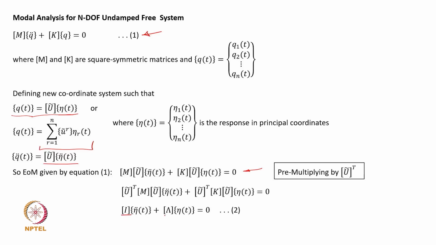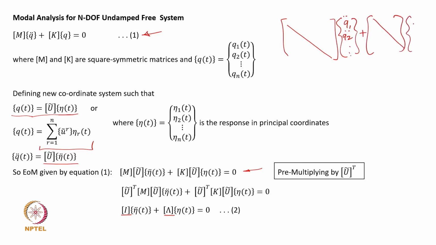Because the vectors eta double dot and eta are pre-multiplied by diagonal matrices, clearly this entire equation 2 is going to be a decoupled set of equations. So, you have a diagonal matrix multiplied by eta 1 double dot, eta 2 double dot, and so on up to eta n double dot, and the spectral matrix, again diagonal, multiplied by eta 1, eta 2 up to eta n equal to 0, which means individual equations are in terms of only one principal coordinate.